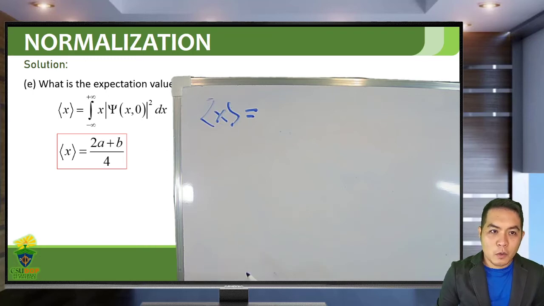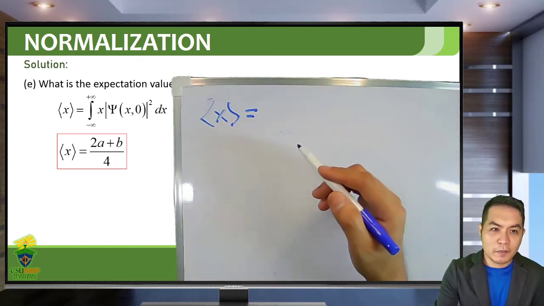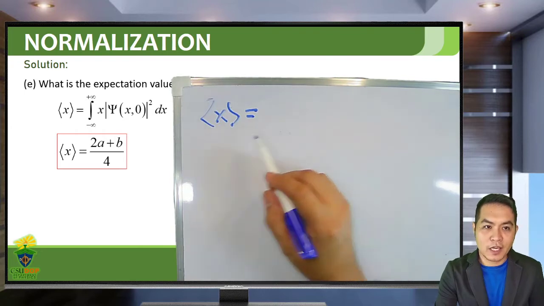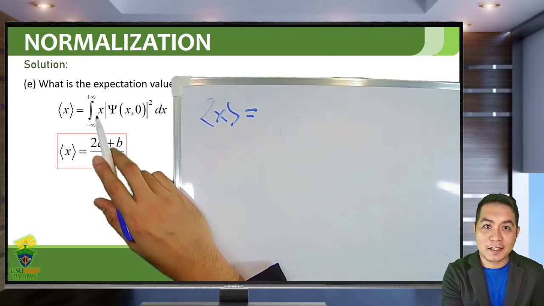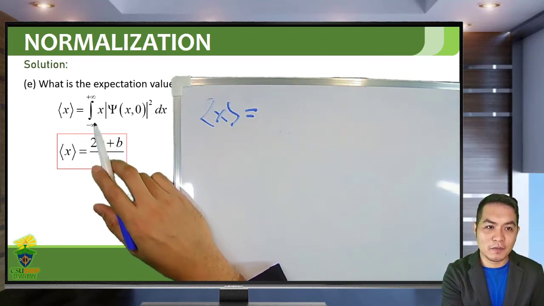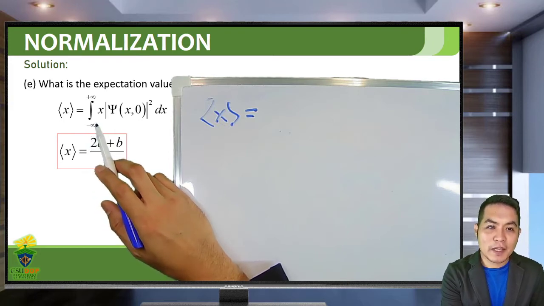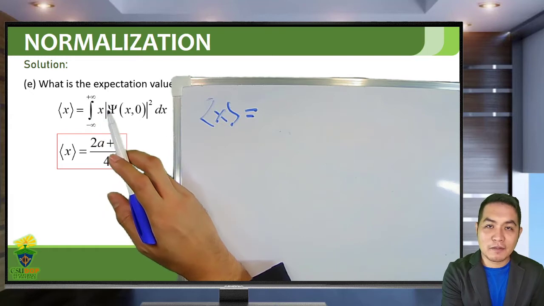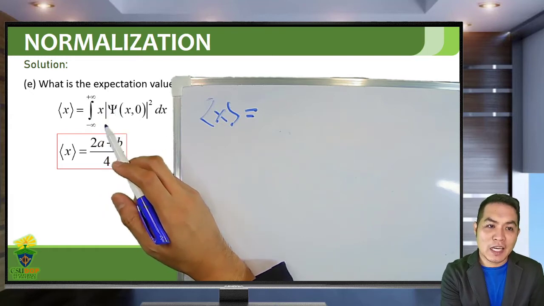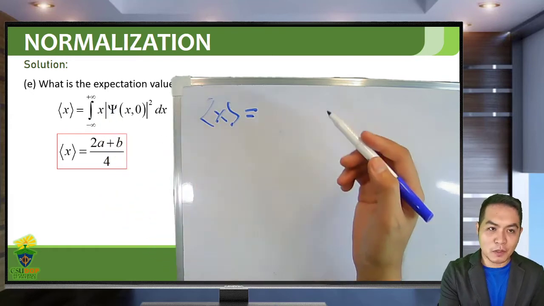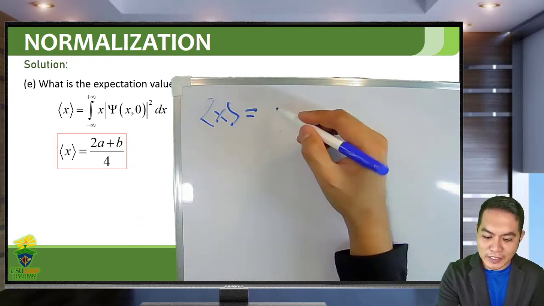So we square our wave function and then evaluate from negative infinity to positive infinity. And sorry, I forgot to mention the x here, because we are finding the expectation value of x. Again, the only intervals from negative infinity to positive infinity that will have value are from 0 to a and from a to b. So this will be equivalent to two integrals.